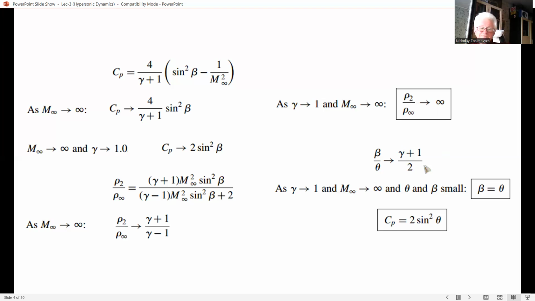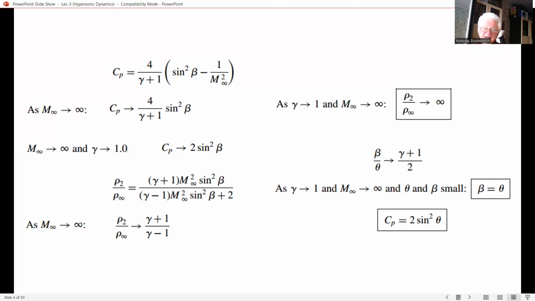In addition, in the additional limit, as gamma goes to 1, when we have a very high Mach number and the angles theta and beta are very, very small, we may simply write beta as the same value as theta.